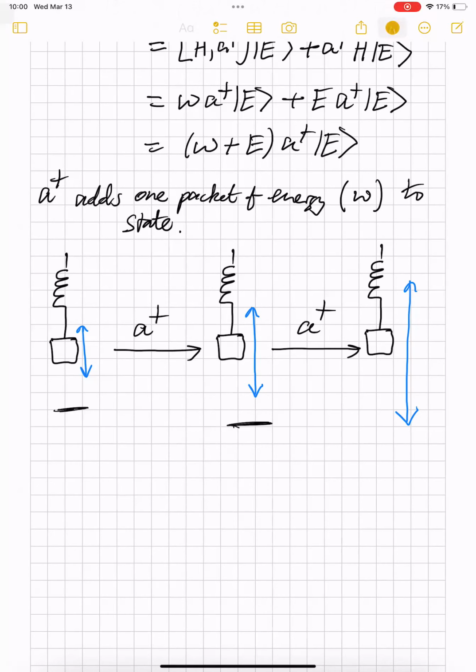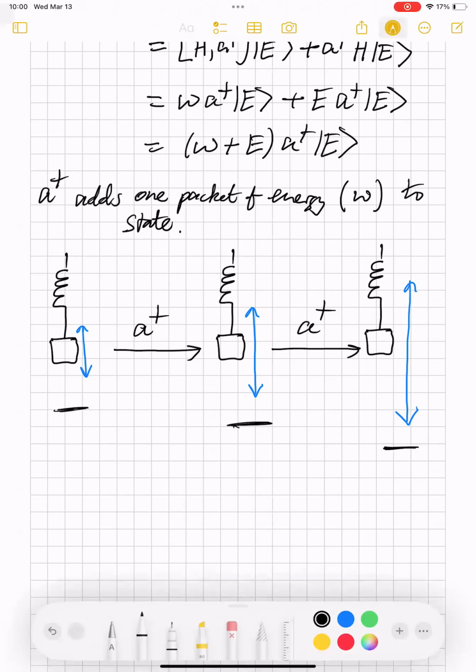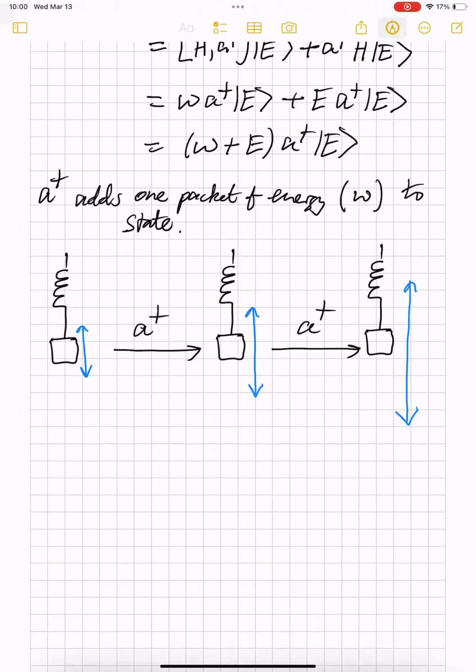There is no oscillation in between those two. And then you could go to this even bigger oscillation, and again, there's no oscillation between those two. So there's a set of discrete possible oscillations. And how do you move between these different discrete possible oscillations? Well, that's what A dagger does. Every time you act with A dagger, you oscillate with a slightly bigger oscillation.